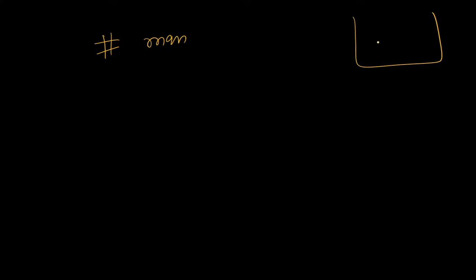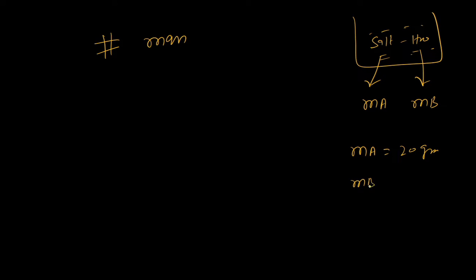Suppose here is the solution, here the salt, here the water, and both make a solution. Suppose the mass of salt is Ma and the mass of water is Mb. Ma is given as 20 gram and Mb is given as 90 gram. They are asking about the mass percentage of salt, so it will be mass of salt upon total mass into 100.